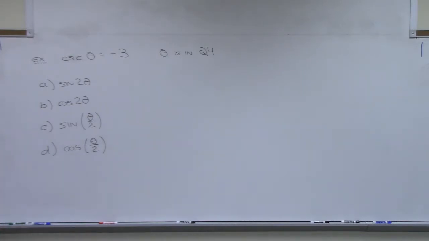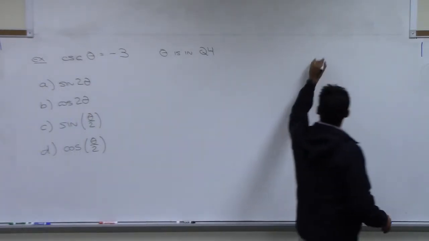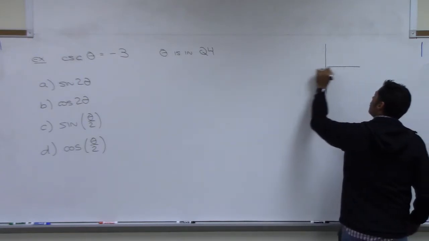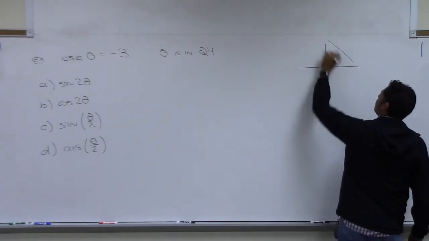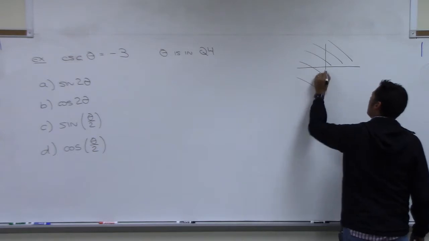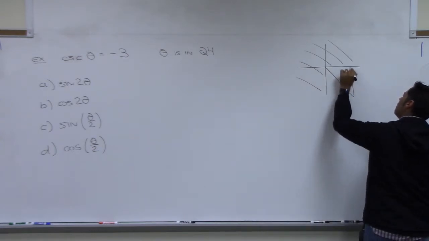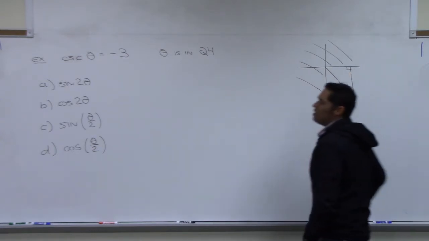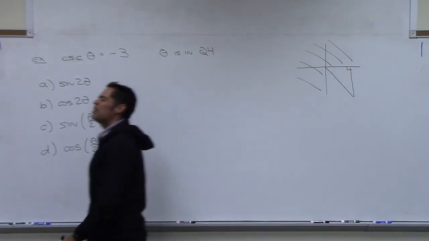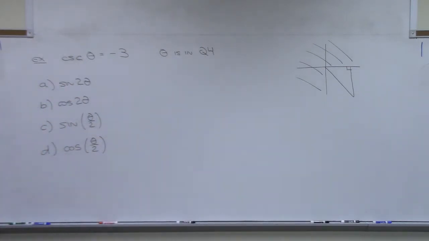All right, where should I start? Start with a triangle, right? I need to know where this is. I'm in quadrant 4, I'm given that, so that's nice. Draw my triangle. Cosecant is the reciprocal of sine, so that's hypotenuse over opposite.